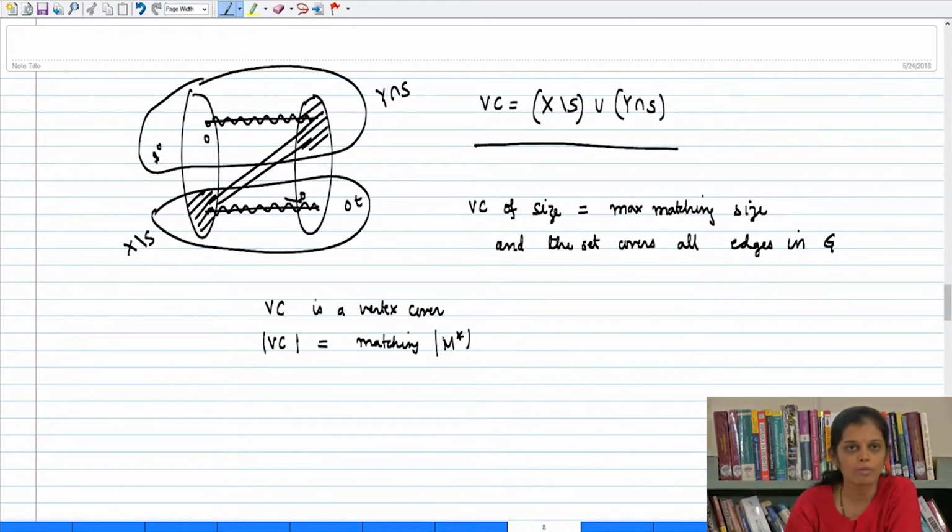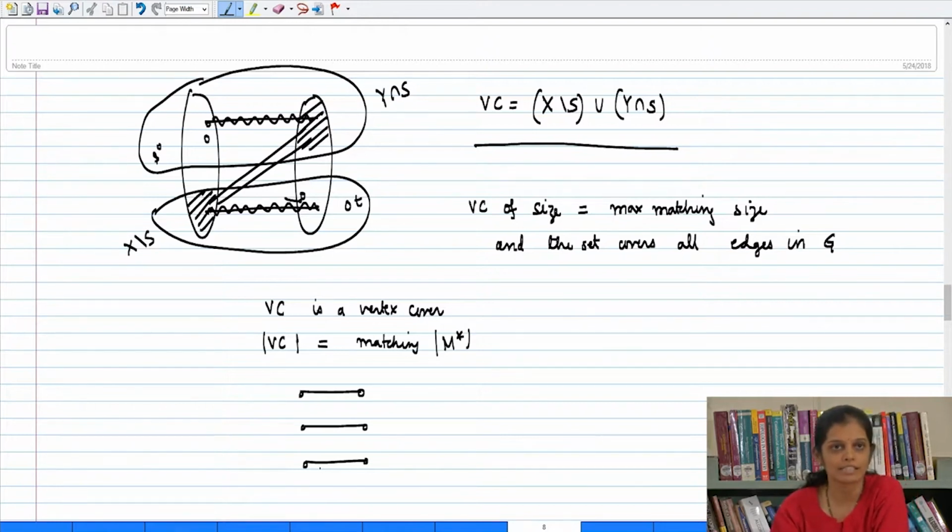And what do we know about any vertex cover and any matching? If I show you some number of matched edges in any graph, and I ask you what should be the size of the vertex cover in that graph. The size of the matching is exactly equal to the number of edges, so you don't have to divide it by 2. So any vertex cover must have size greater than or equal to the size of any matching, right.